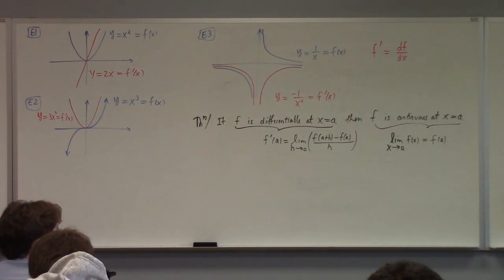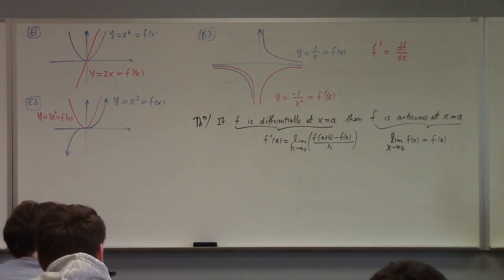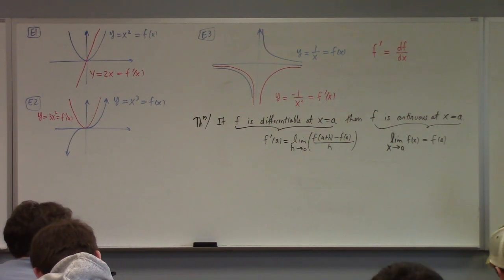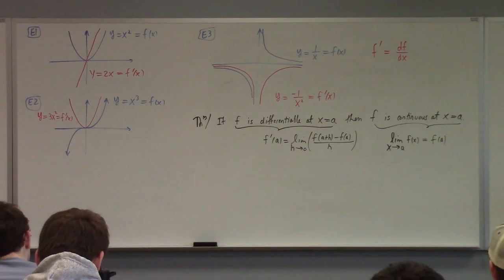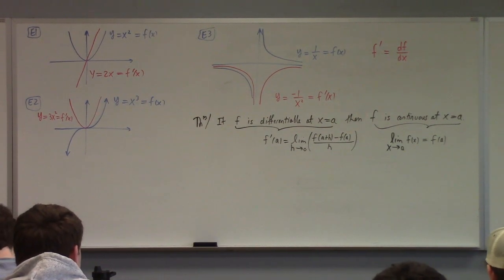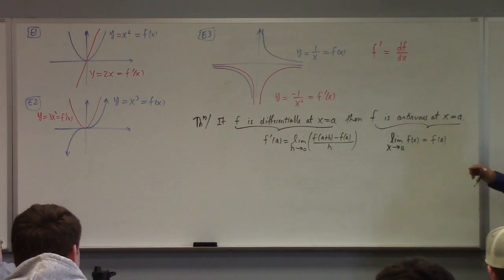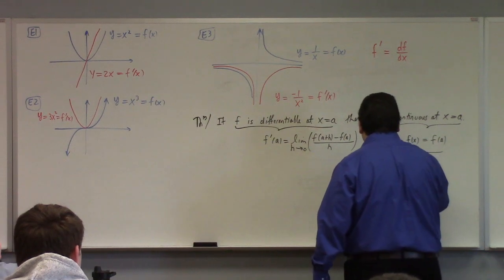By the way, let's limit the discussion to an interior point. This discussion could be reasonably extended, with pretty much the same calculation at a left or right endpoint, but let's just focus on an interior point, so I'm just writing a double-sided limit. There's another version of continuity, which is just this.